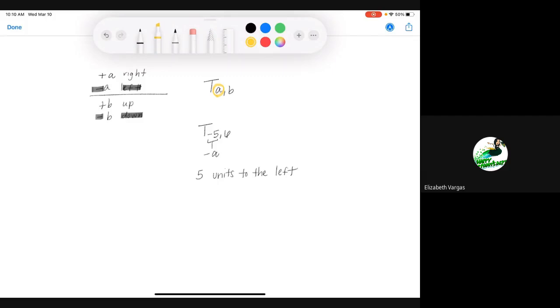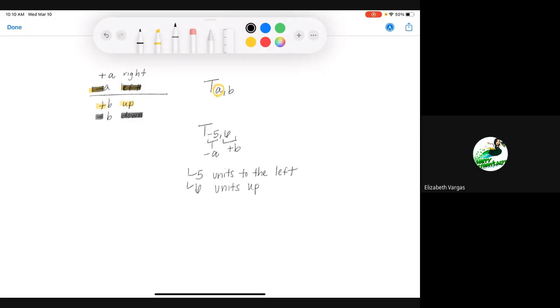Why is it to the left? Because a negative means left. Here I have a positive B, which tells me I move up, so I move 6 units up. So my translation is 5 units to the left, 6 units up.